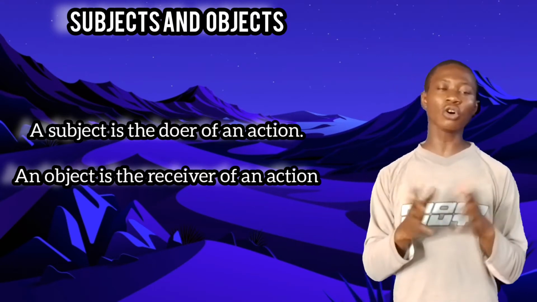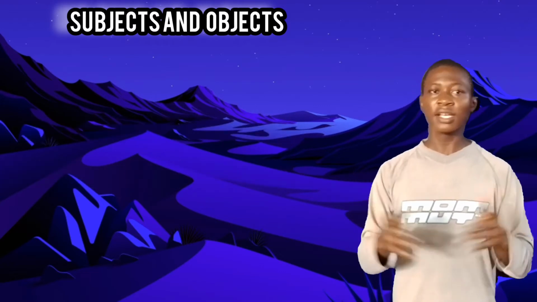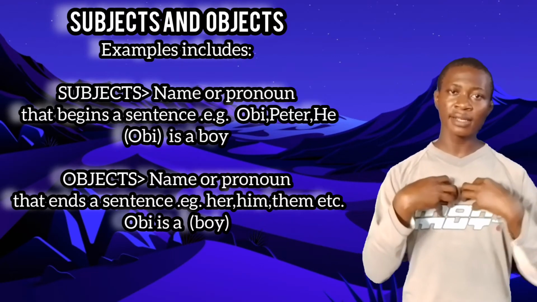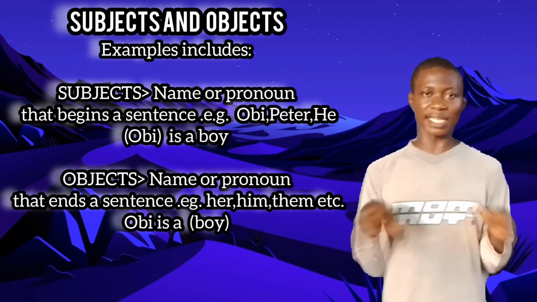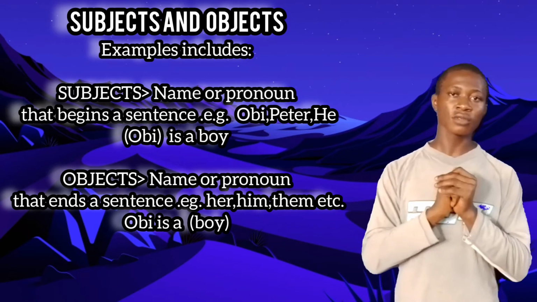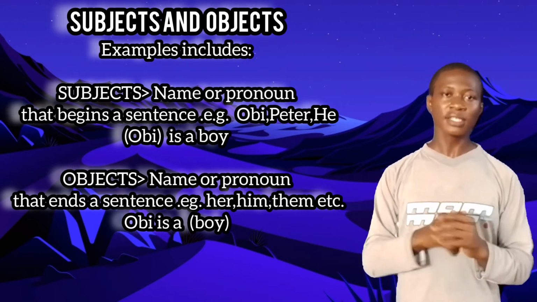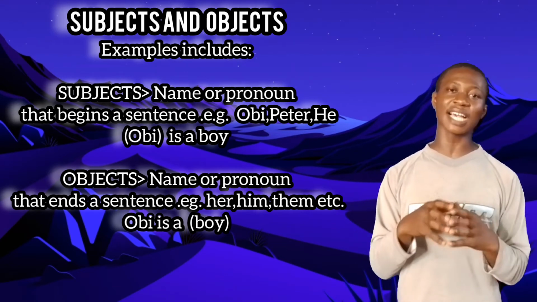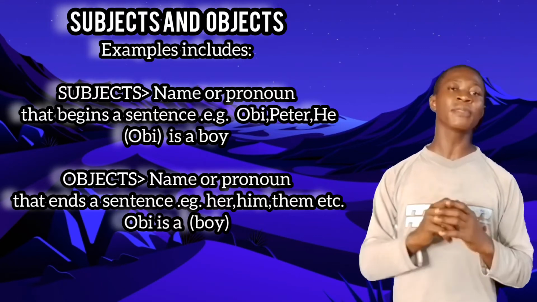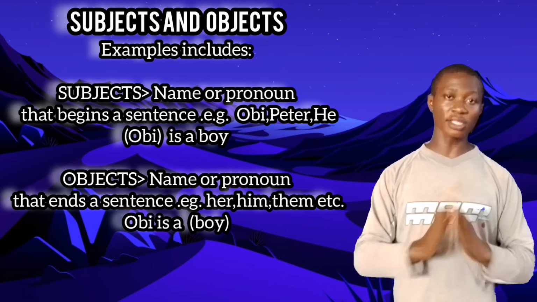That is it. So let's go to our examples of subject. Subject could be a name of a person. It could be the pronoun that begins that sentence. So that is how to identify subject. For example, look at this sentence. Obi is a boy. This sentence is one of the sentences that is widely known. So the word Obi that is underlined there is the subject.